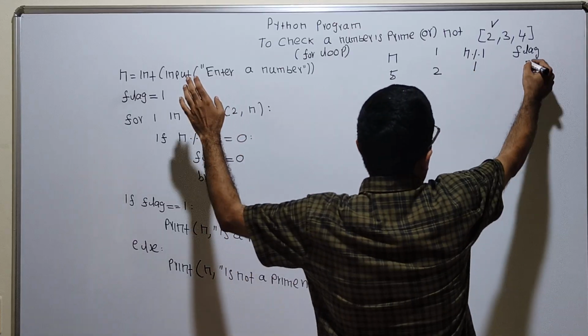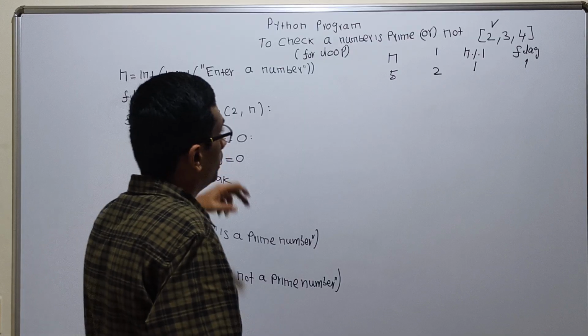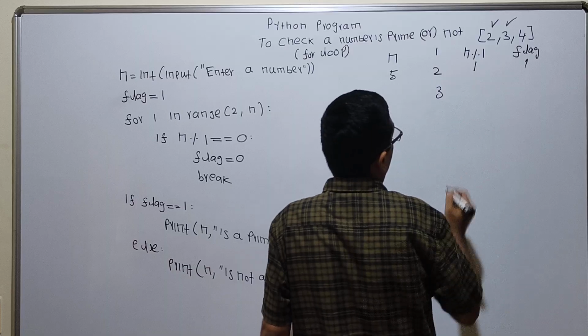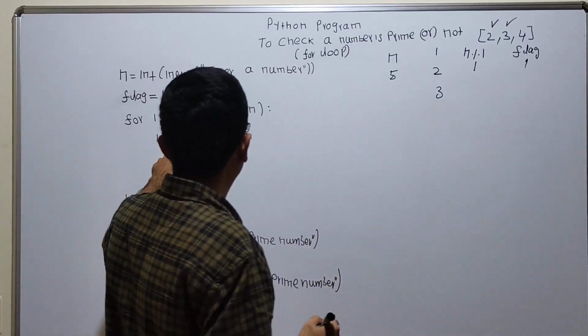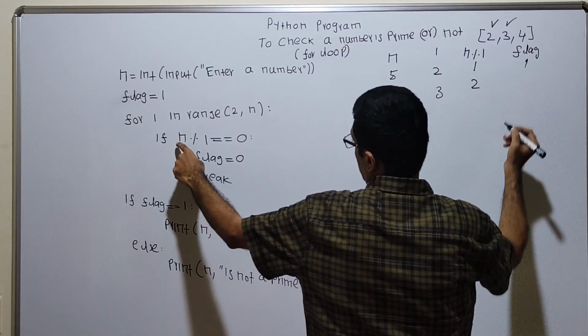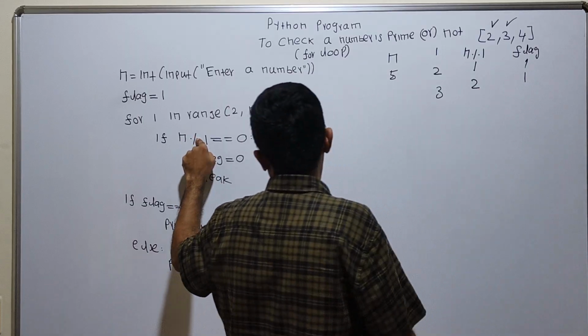Initially the flag value is 1. The remainder is 1, which means the condition is not true. Then I will take the next value, 3. Here n modulo i is 5 modulo 3, the remainder is not 0, so the if block will not get executed. The flag remains 1.